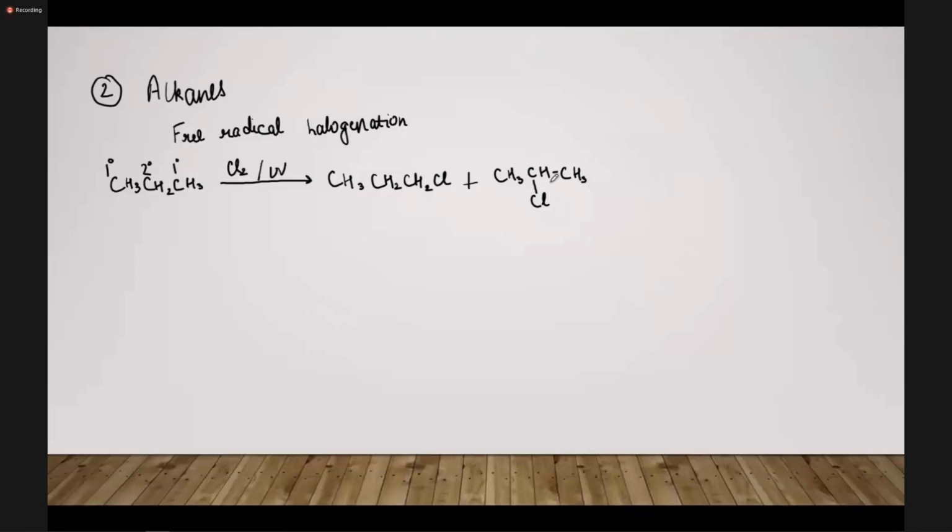But this is only a small molecule, which is propane. If we take a larger molecule, suppose some complex alkane with side chains, and different types of even 3 degree carbons present there. ठीक है. Different isomers are there. So some complex isomer with some side chains, and there we are doing the free radical halogenation.